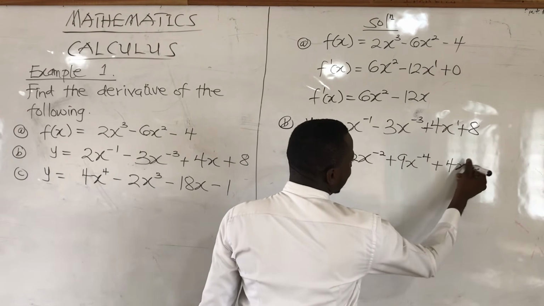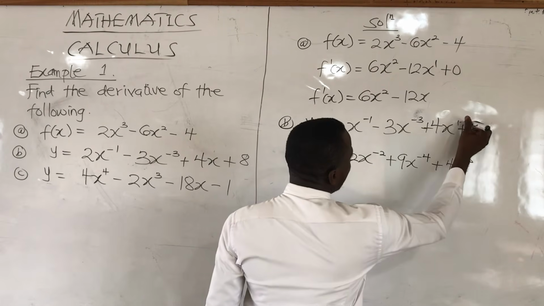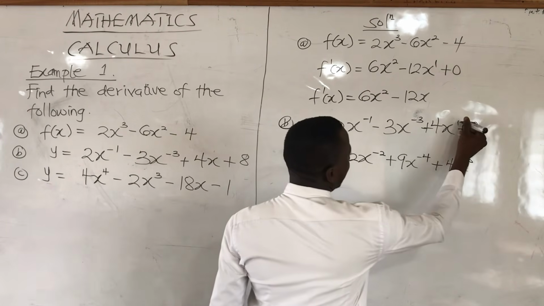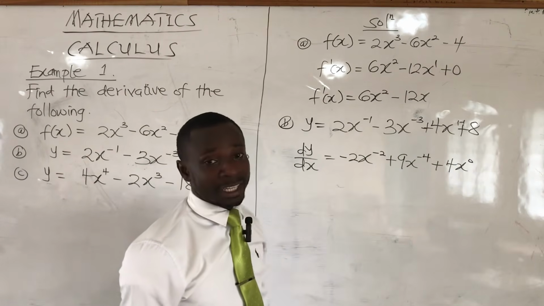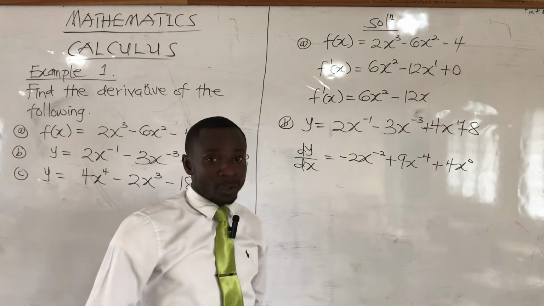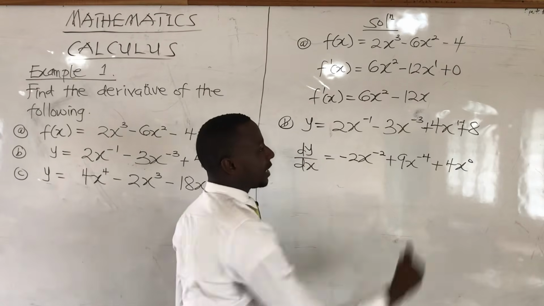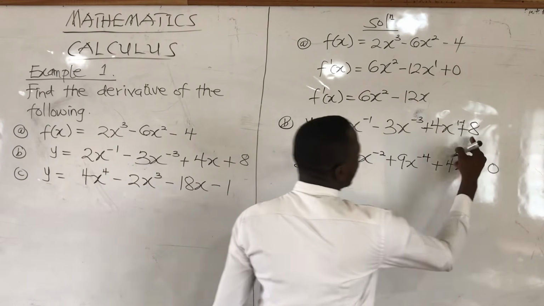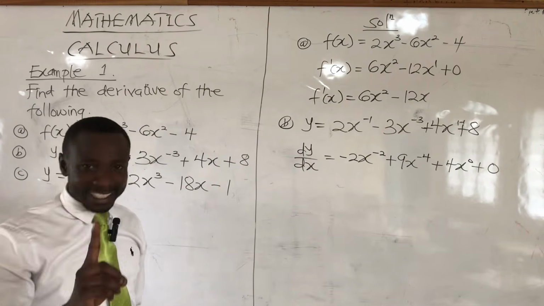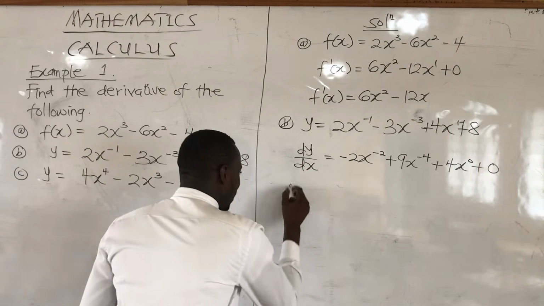Then x power 0 because we take 1 from the exponent. Already the exponent is 1, and when you are differentiating, we always take 1 from the exponent. Plus 0 because 8 there is a constant.